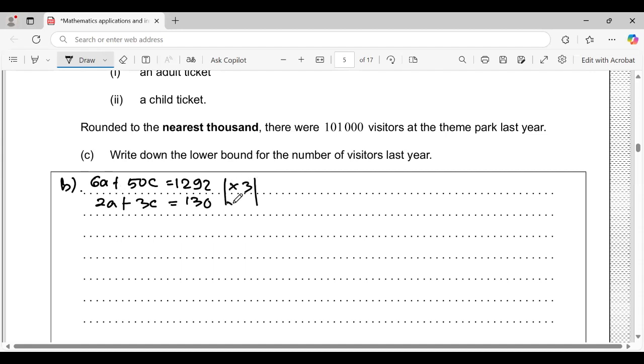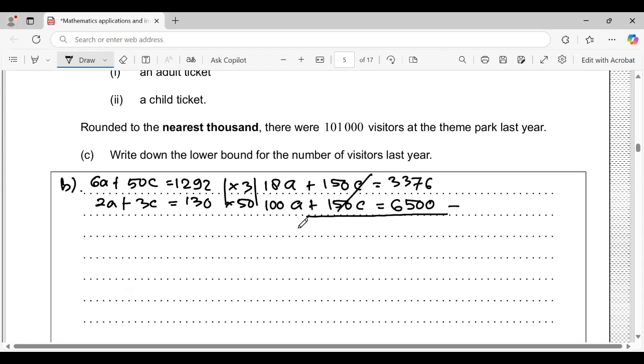Eliminate C: multiply by 3 and by 50. So it becomes 18A plus 150C equals 3,876, and this is 100A plus 150C equals 6,500.